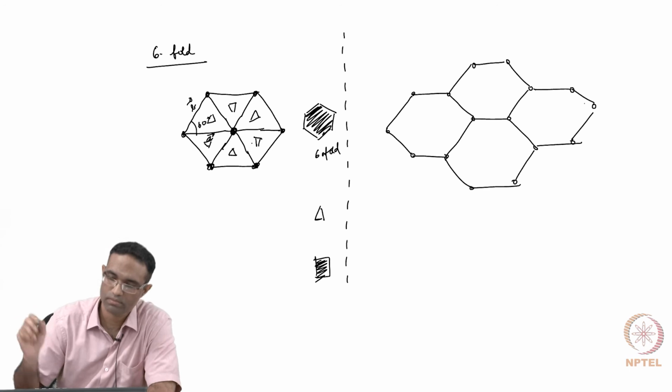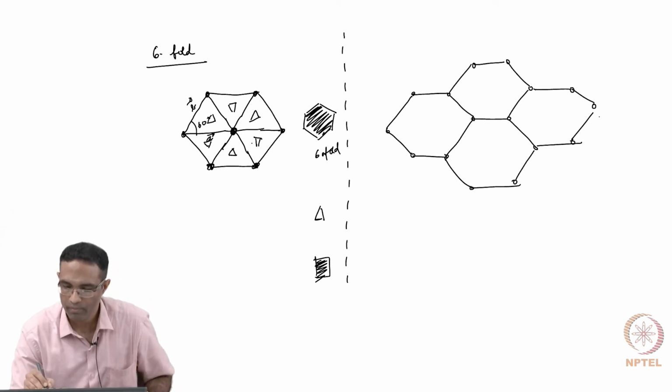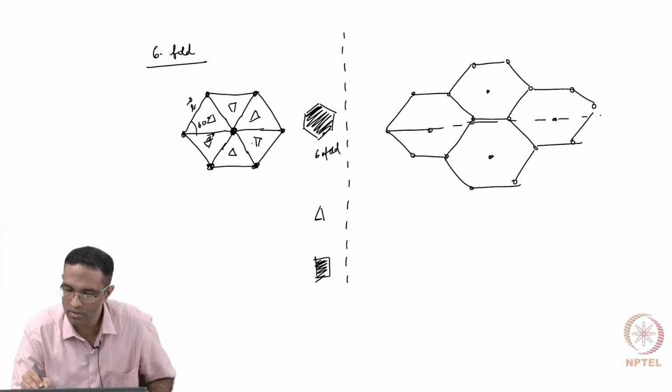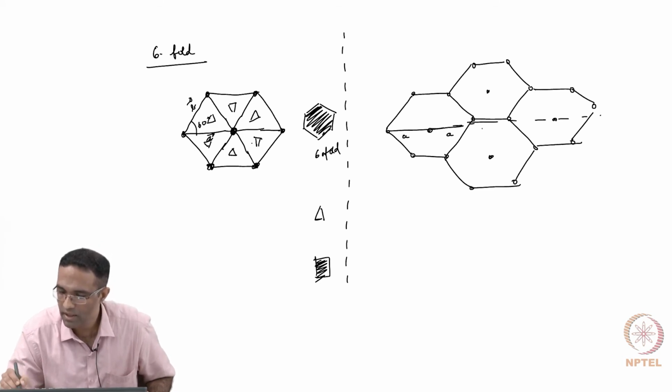They're all like uniform hexagons. So there are also lattice points right in the center. So this is say A, this is A, this is A, and A.